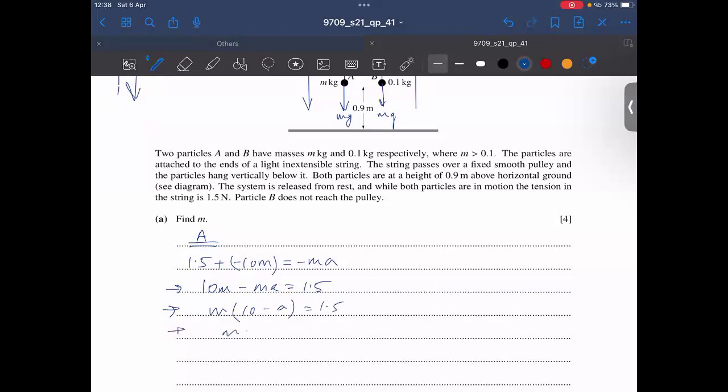So M is going to be equal to 1.5 divided by 10 minus A. Or you may factor out A, it's your choice. So M is 1.5 divided by 10 minus A.